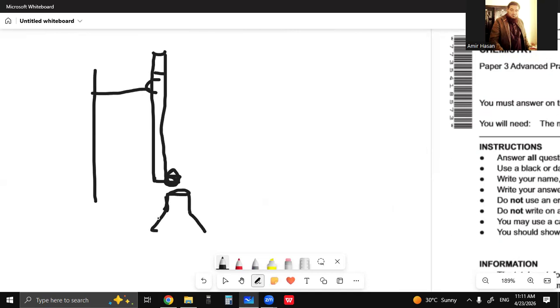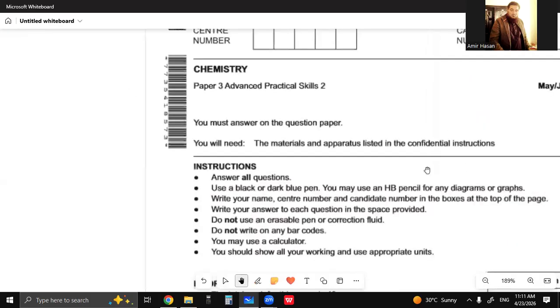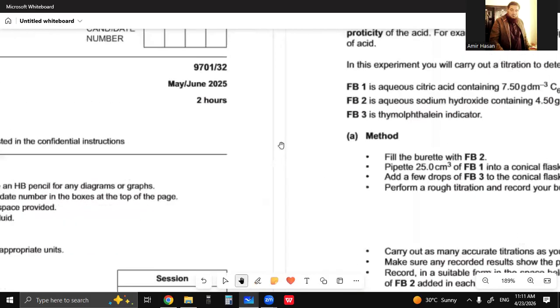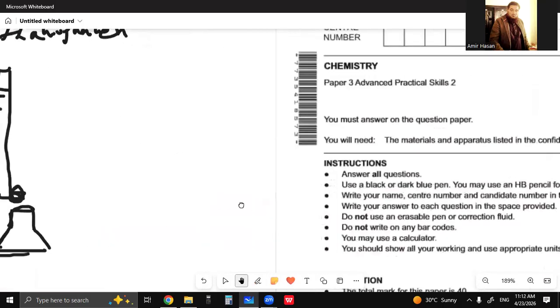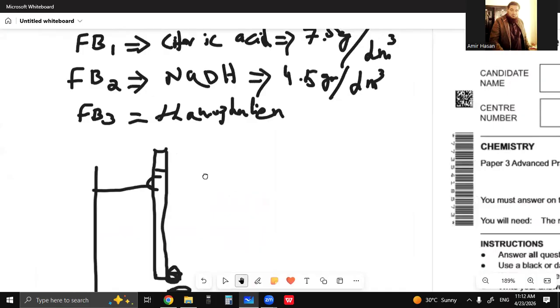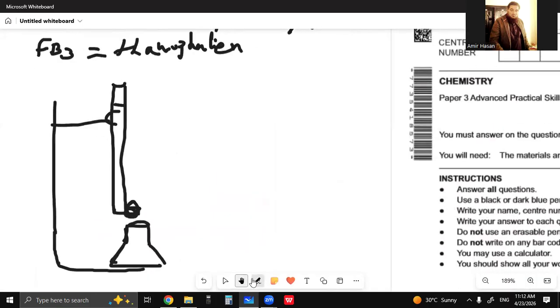First, he is saying the solution is given in the burette. What is the solution given in the burette? He is saying fill the burette with FB2. FB2 is sodium hydroxide. You fill the burette with sodium hydroxide. On the burette, there is a reading mark.